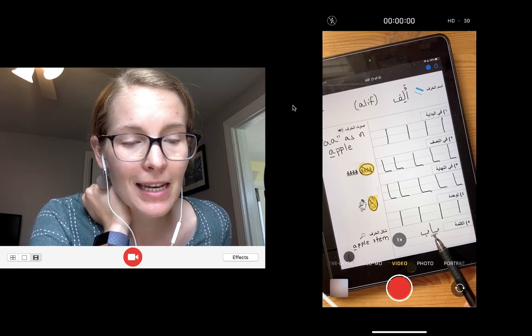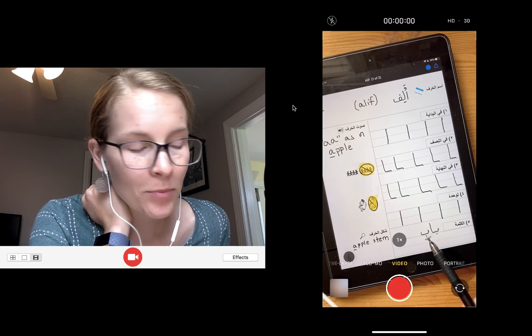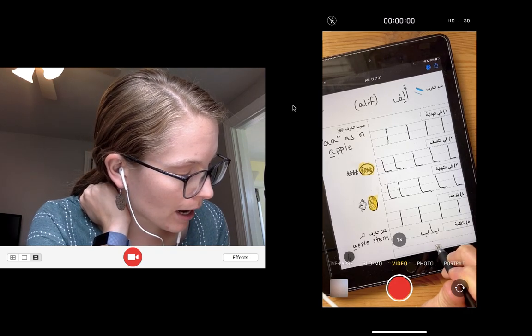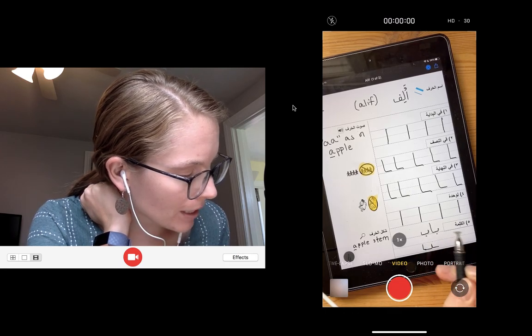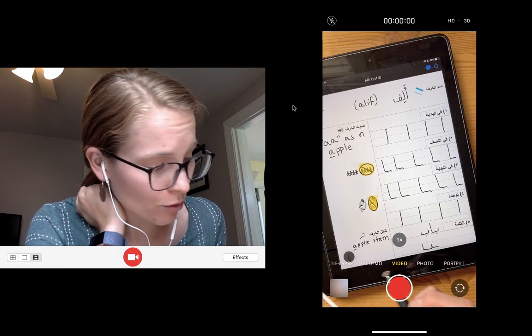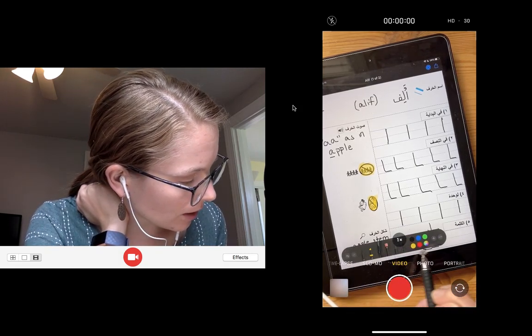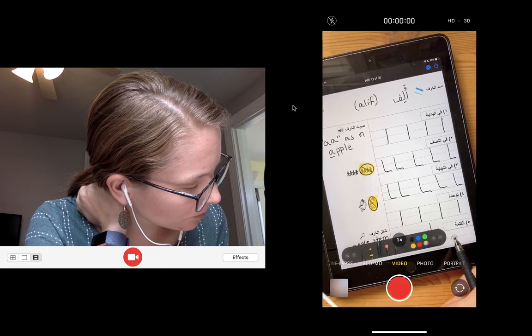Because alif is antisocial. So alif is never going to connect to this ba. So there's no reason to do ba in its end form with that tail. Okay? Because we don't need this tail for anything. So you don't just put the tail for no reason. Okay? So see if you can read that word out loud.